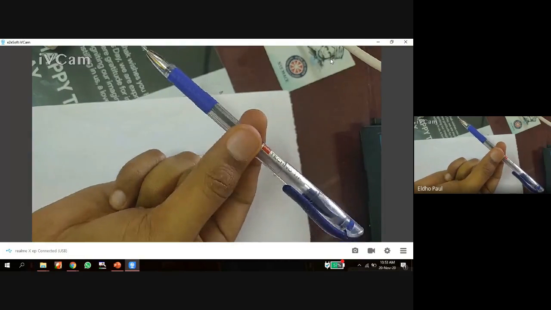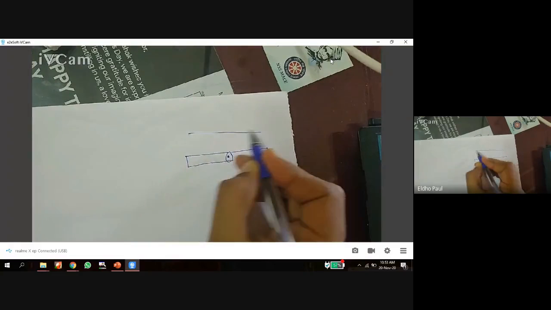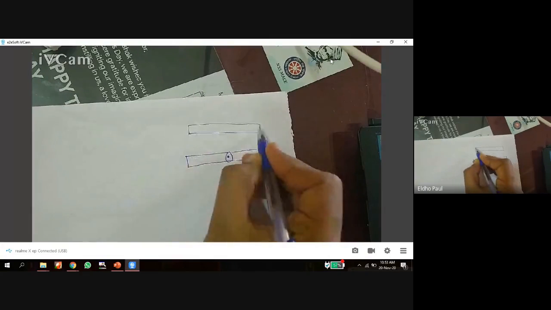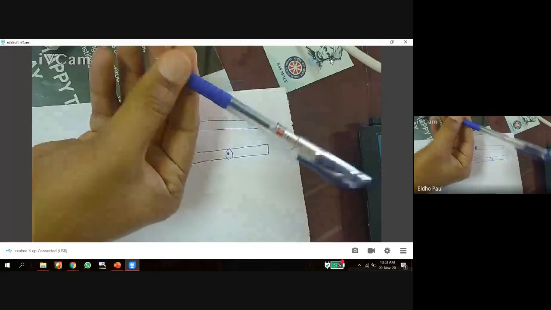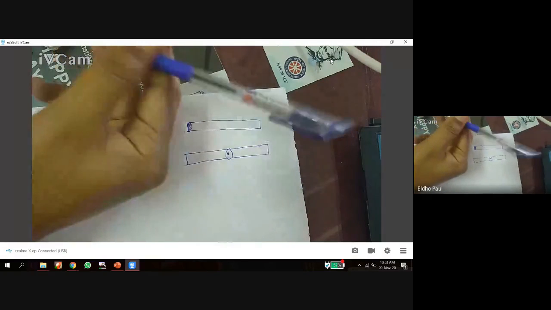When we give the support at the center and try to rotate this wooden rod, it will be very easy. But if we hold this wooden rod at this end and try to rotate like this, it will be very difficult.